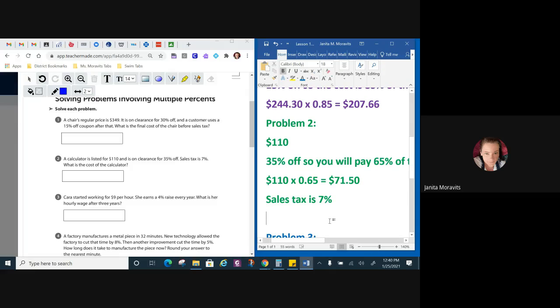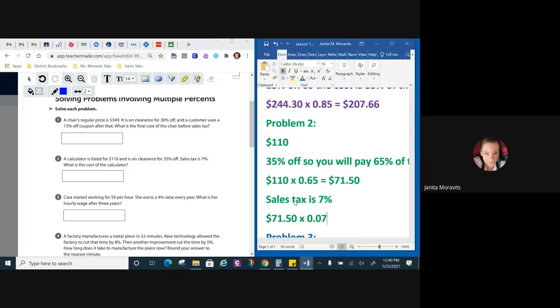Now, you can take your $71.50 times your sales tax. And when you change that to a decimal, remember, move it 2 places to the left, 0.07. We need to know what that is because that's the sales tax.